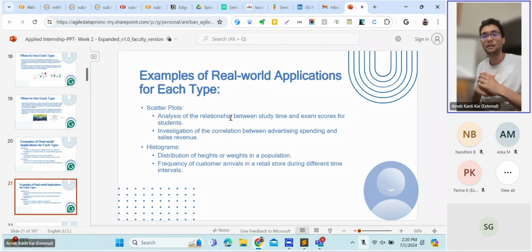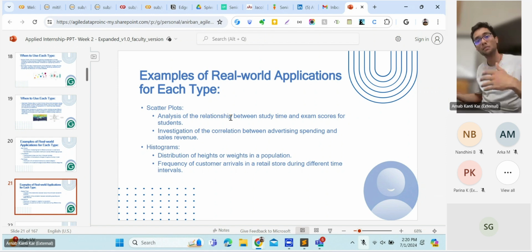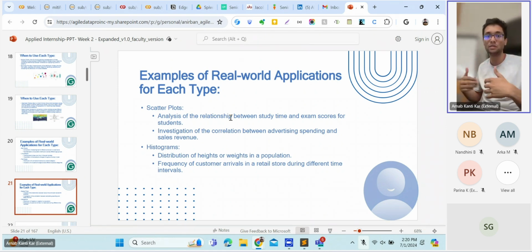In histograms, you'll see that if you are in an emerging nation, like in Bangalore, people are checking into the retail store much later during the day when they are done with their office. Midday there might be mid-aged people or older people. Early on in the day, there's generally not a lot of people, and that can be shown.